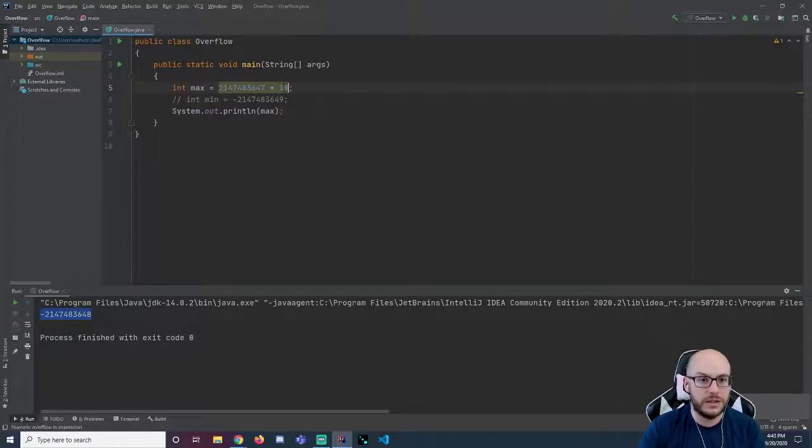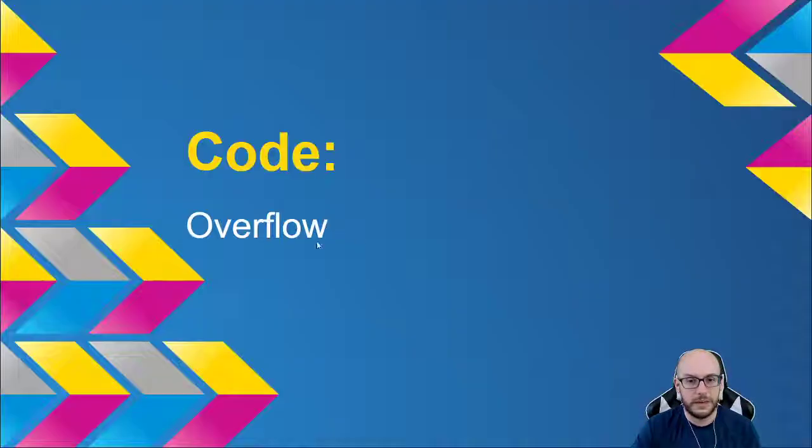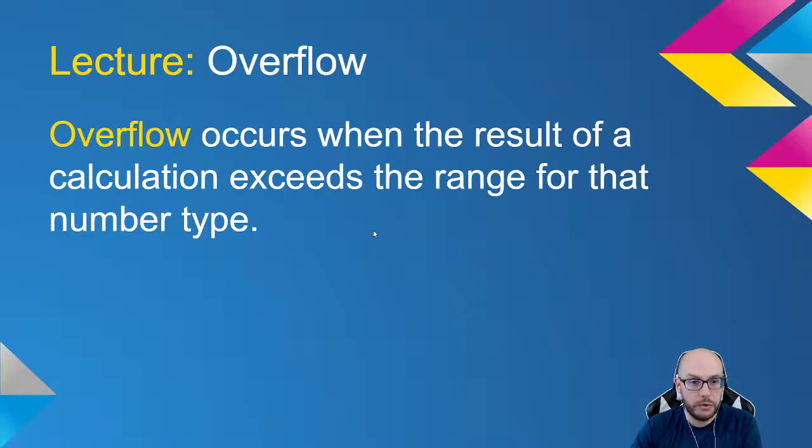If we were to try to add, say, 10, let's see what we get from this. I end up with this number. So what's happening here? This is overflow, and overflow occurs when the result of a calculation exceeds the range for that number type. As we're going to see in the future, this number range differs based on what data type we're dealing with.